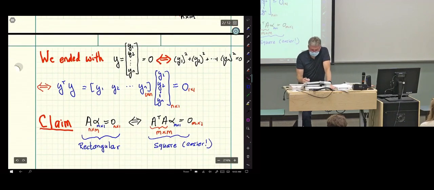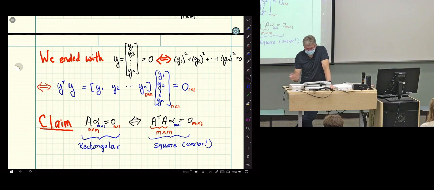We took a vector in R^n, which has n components, and we said this vector is 0 if and only if when you square all of the entries in the vector and add them up, you get the number 0. That's because if one entry is not 0, then its square will be not 0, and so on. And this sum of squared terms is actually y transpose times y.